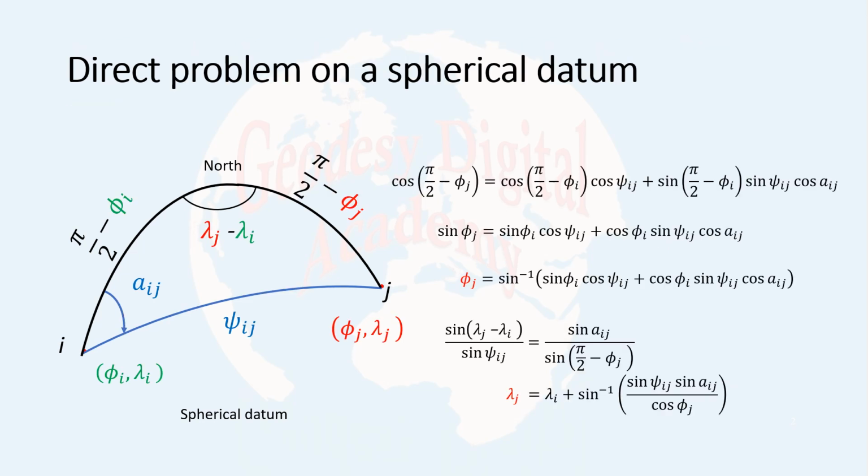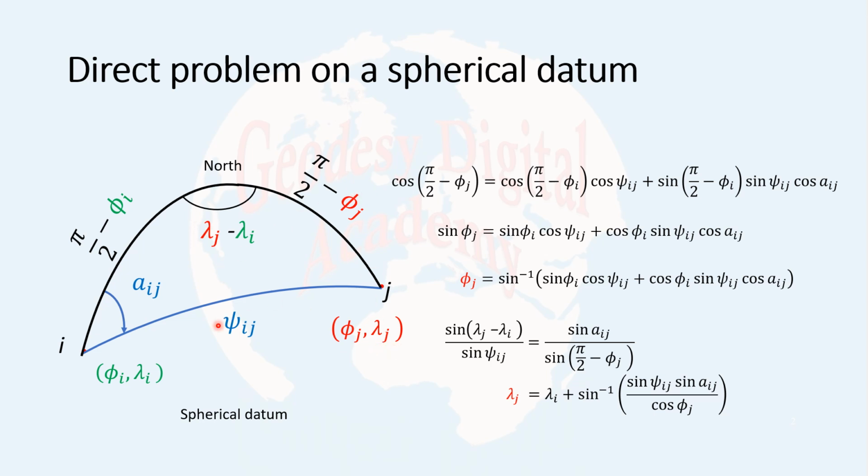Let us now talk about the direct problem. You have the spherical triangle on the left side. The unknown quantities that we are going to determine are in red, as you see here.